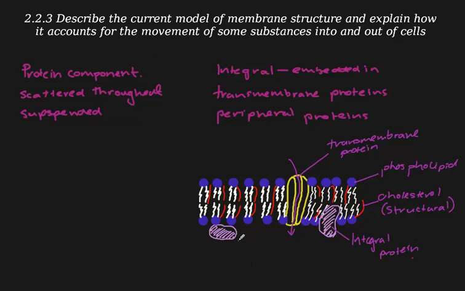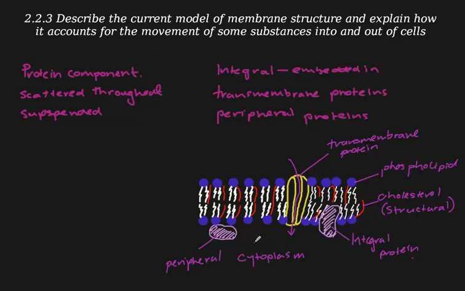And finally, these ones, this is in the cytoplasm. This is what we call a peripheral protein. And they all have different jobs to do in moving substances into and out of cells. So as I said, the water is able to move through these pores, or what we call transmembrane proteins.